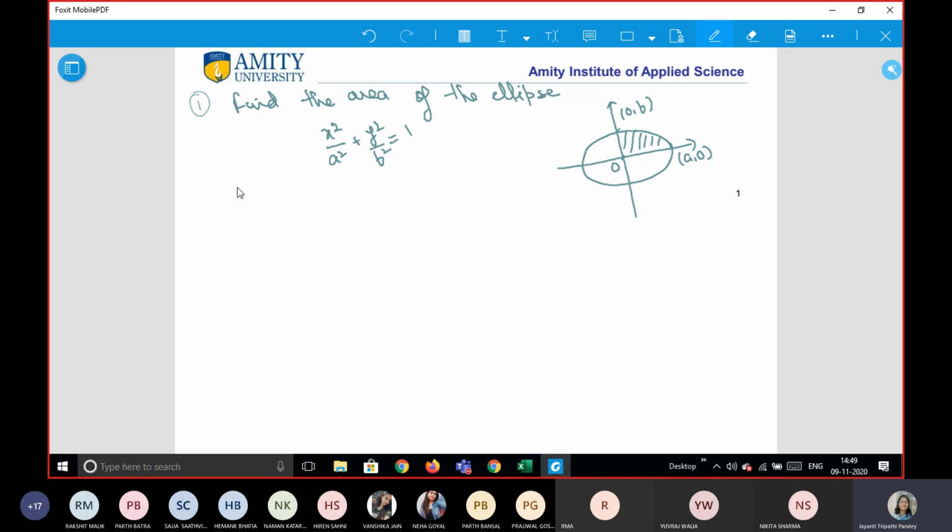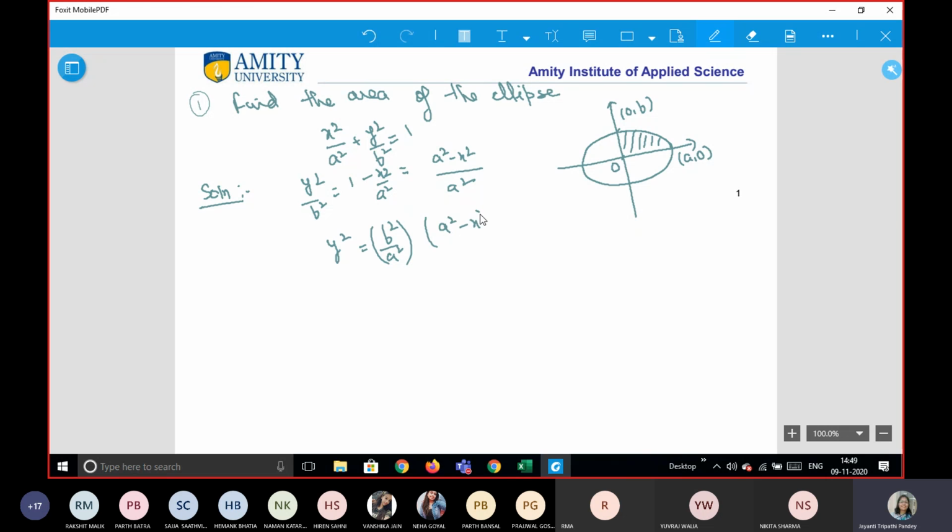So we have to write it in this form. See? Solve this. You can write y square by b square is 1 minus x square by a square. So if I have to find y square, it is b square by a square into a square minus x square.